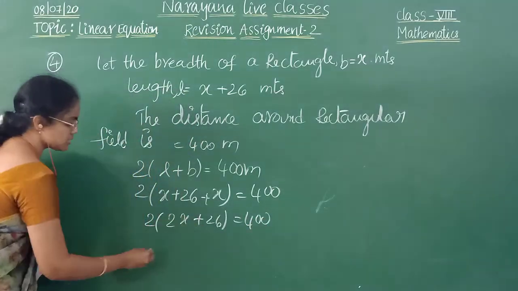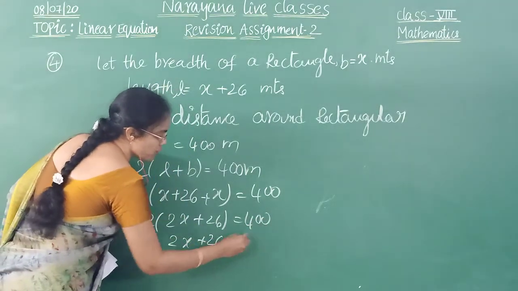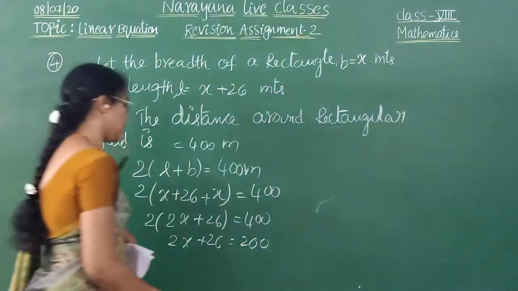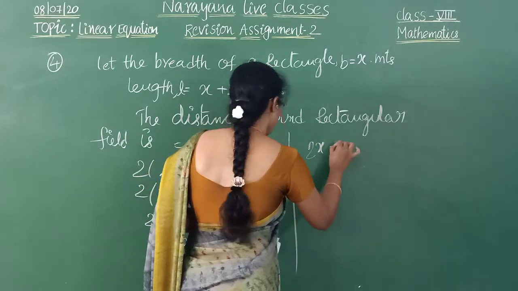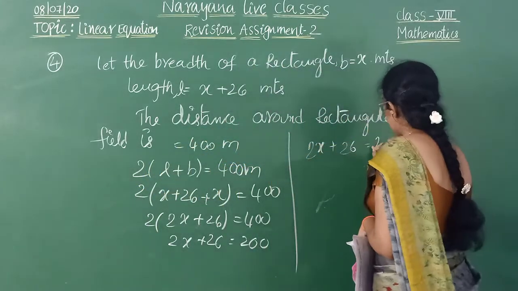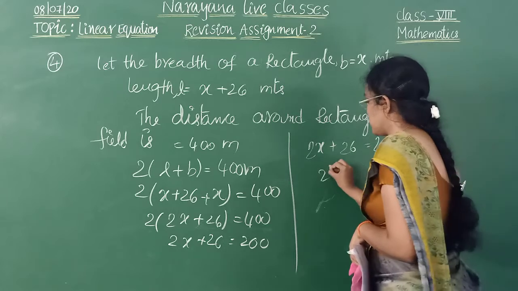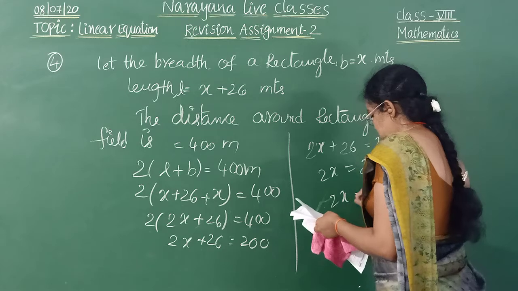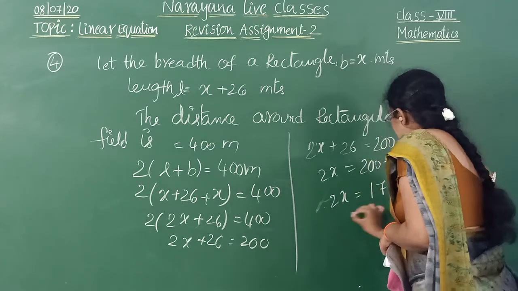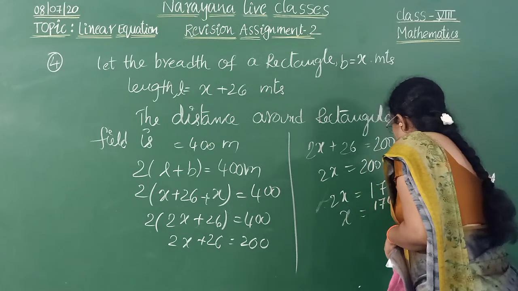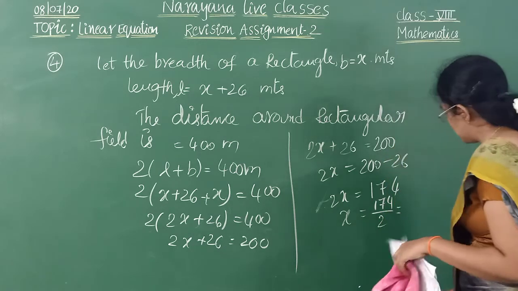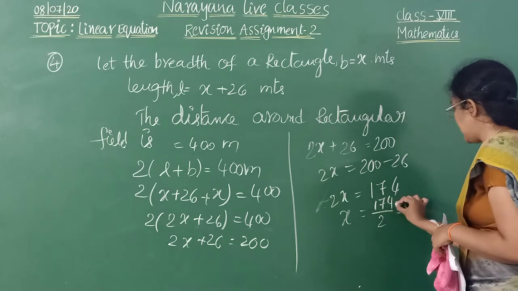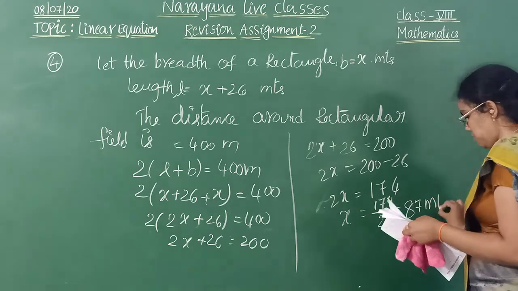2 is multiplying, transfer that side. 2x plus 26 is 400 by 2, which is 200. So 2x plus 26 is equal to 200. Plus 26 transfers to this side: 2x equal to 200 minus 26. 2x equal to 174. x is equal to 174 by 2, which is 87 meters.